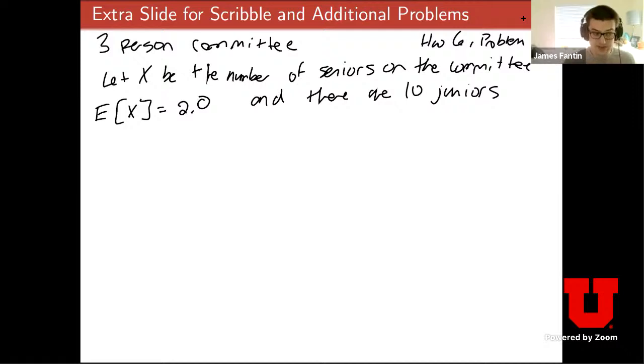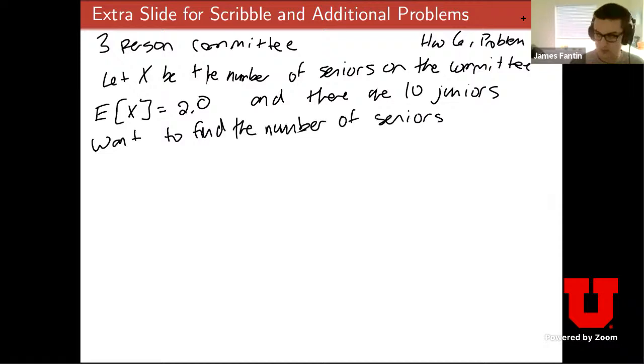We've got the expected number of seniors on the committee is 2, and there are 10 juniors, and we want to find the number of seniors. We just want to find the total number of seniors in this club that's drawing this committee.